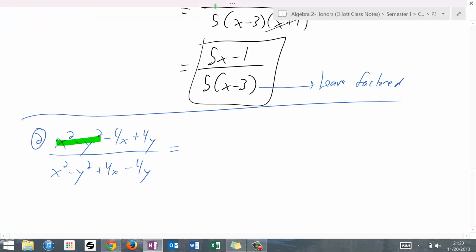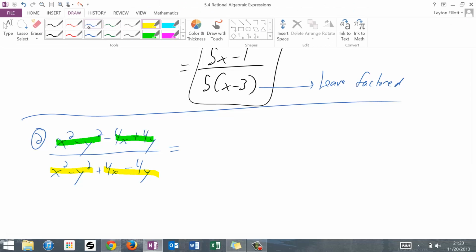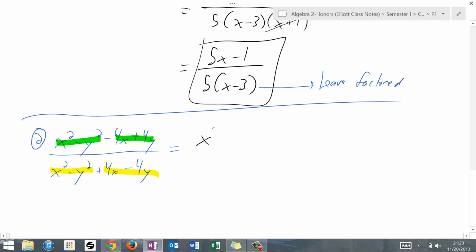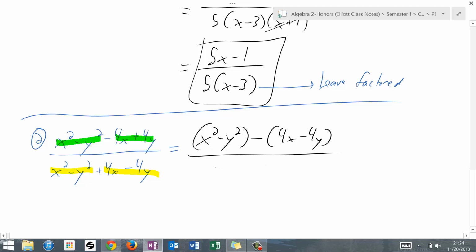I'm going to group this and this, and then I'm going to group this and this. And I'm going to be careful in the numerator of that negative. Watch how I do this. x squared minus y squared minus, pulling out the negative, 4x minus 4y, and then the bottom becomes x squared minus y squared plus 4x minus 4y.